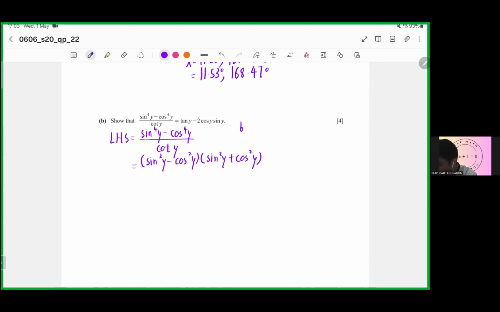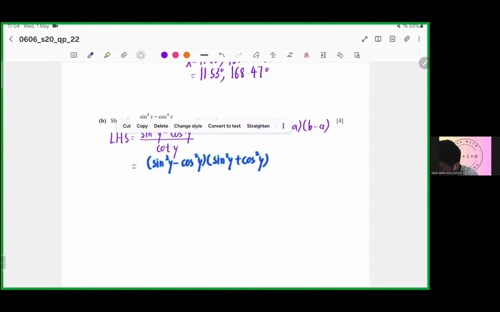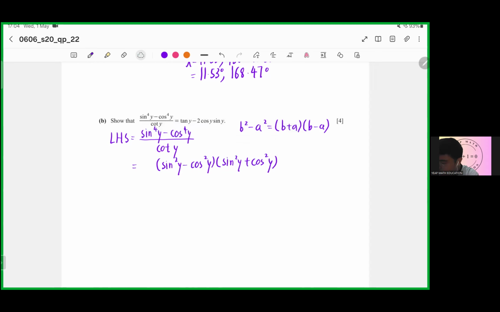Because as we know, b squared minus a squared we can make this way. I hope you can understand. And then for this cot, you can become maybe tangent. Wait a minute. Okay, you can write tangent.